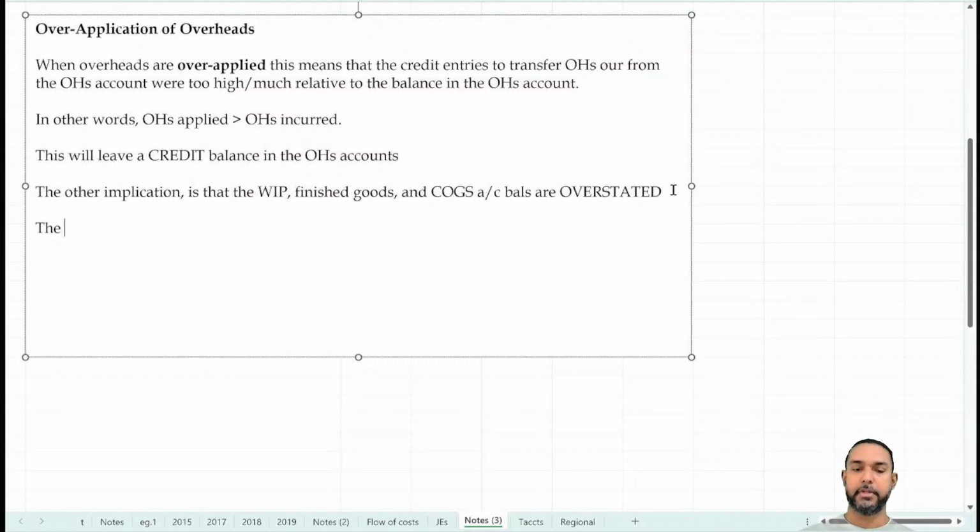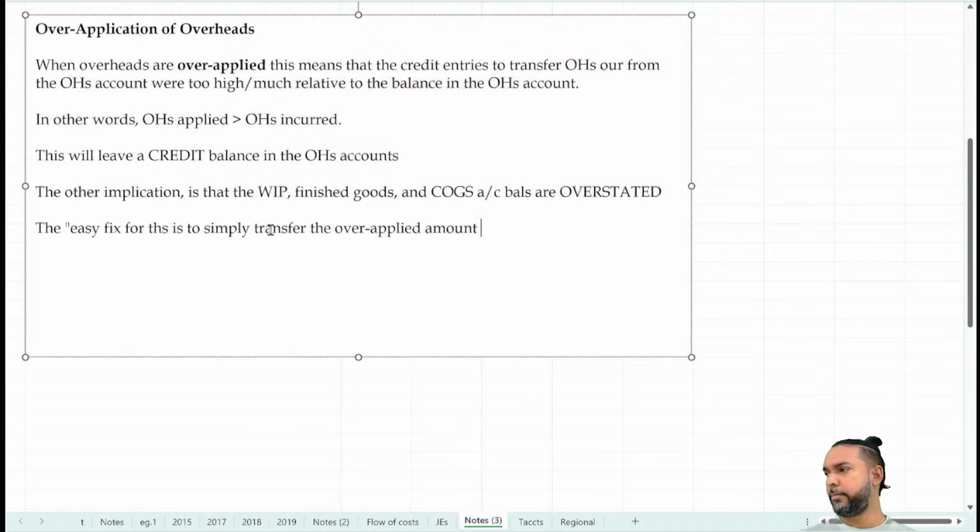So the easy fix for this is to simply transfer the over applied amount to the cost of goods sold or income statement.